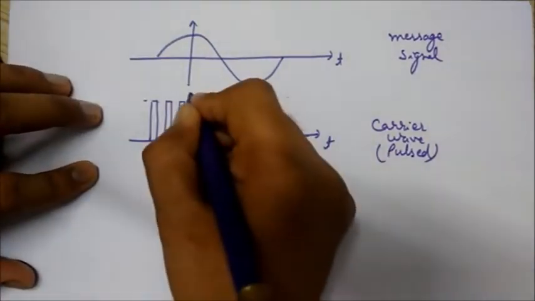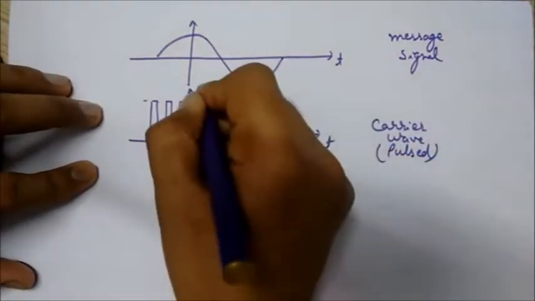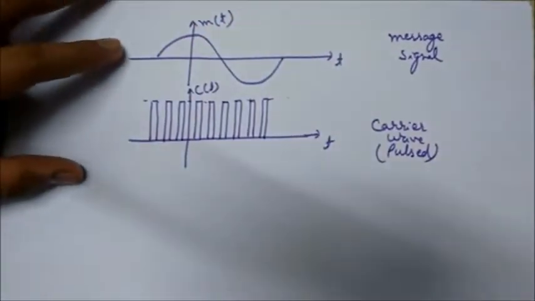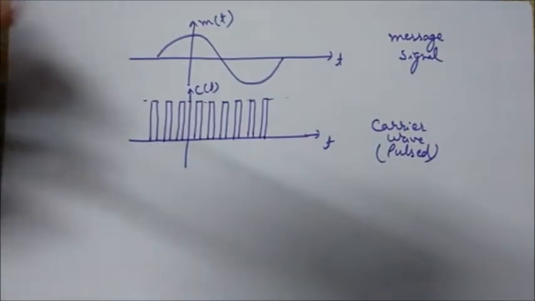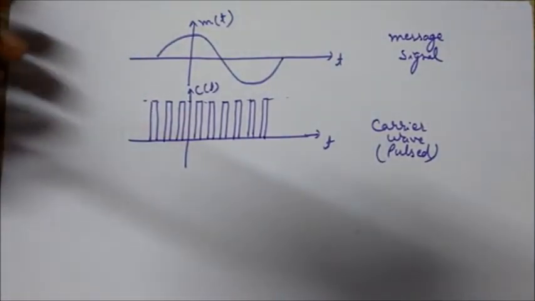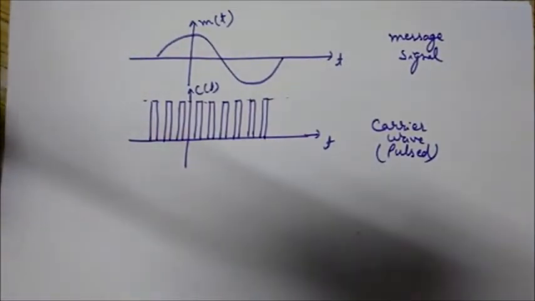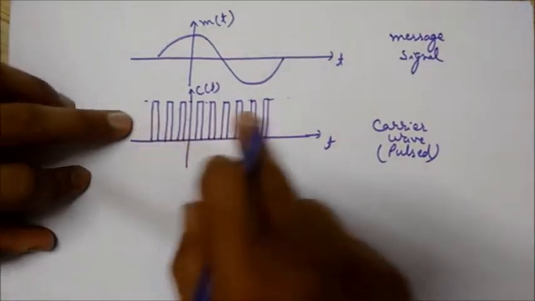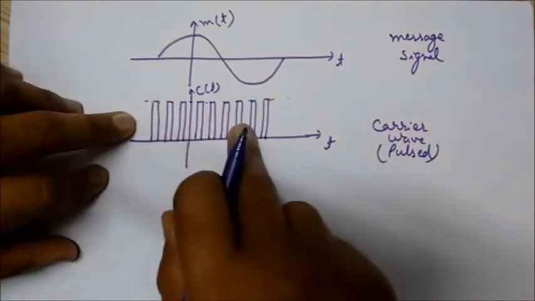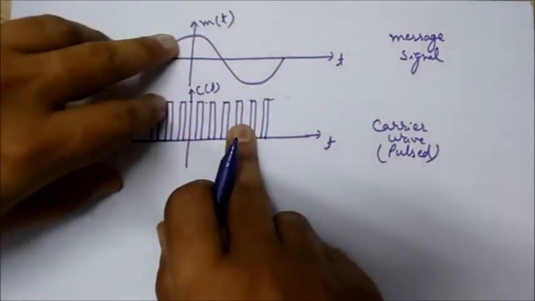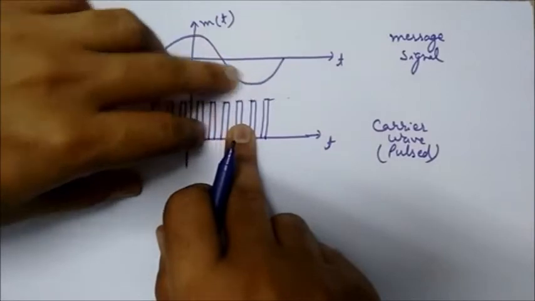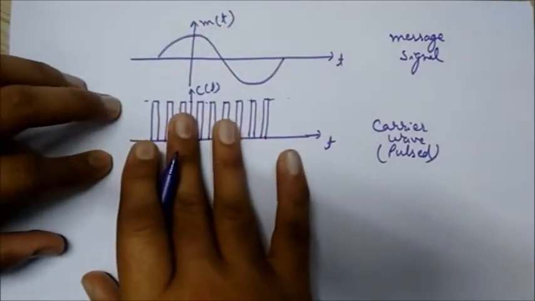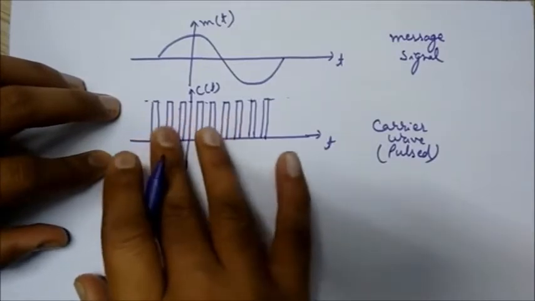As the name suggests, in pulse width modulation or pulse duration modulation, the width or the duration of this carrier wave varies as per the changes or the instantaneous value of this message signal. So we will vary only the duration or the width of these pulses.